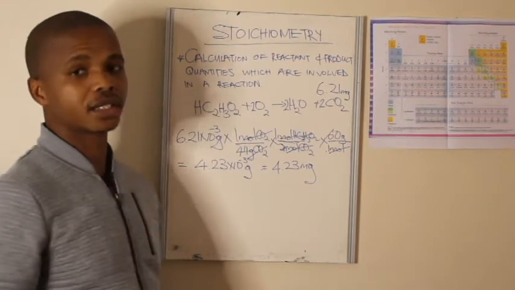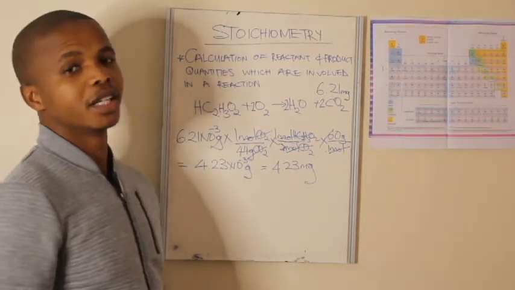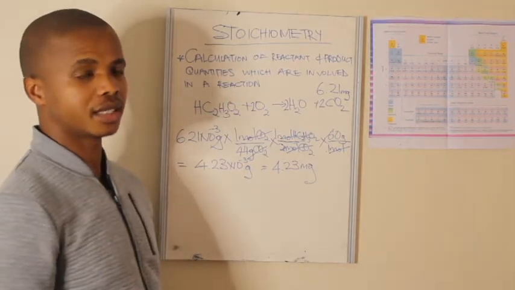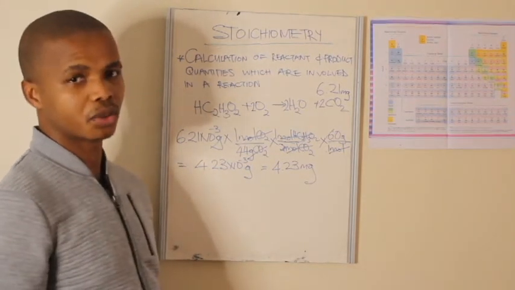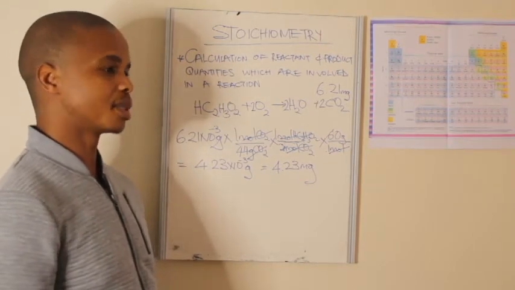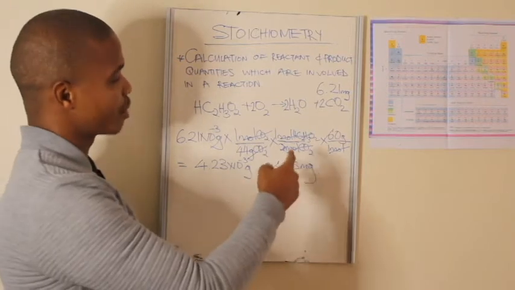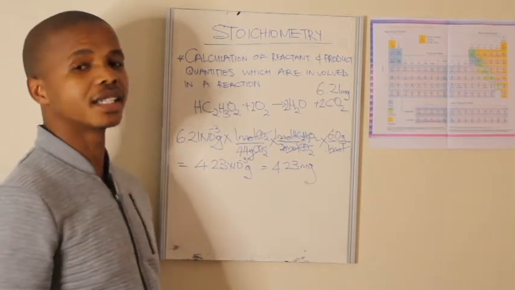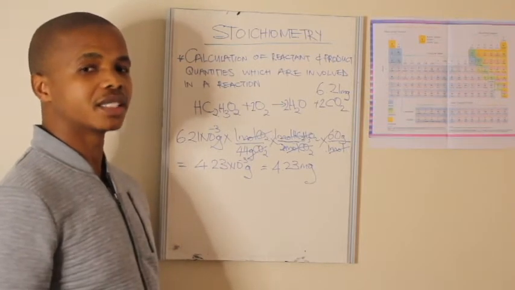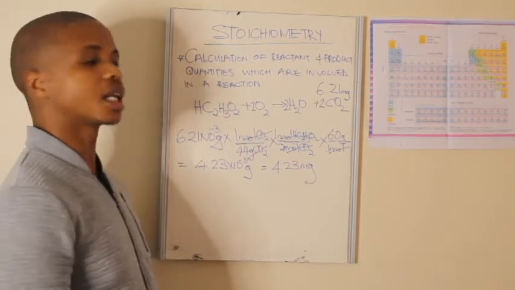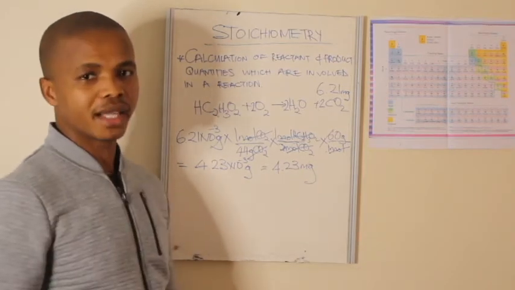So that is how you would calculate the mass of acetic acid if you know the mass of the product that you want. But sometimes you'd be asked, if you have 2.43 milligrams of acetic acid, what is the mass of oxygen that can react with this mass?